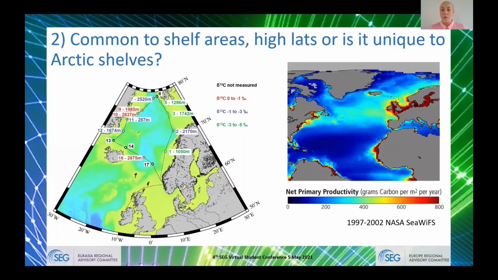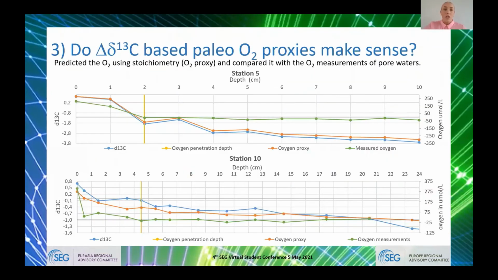From a plot from NASA, you can see that the primary production of carbon per square meter per year is actually higher in the Norwegian part of my study area compared to the Greenland coast. So then we want to investigate if delta C13 is a good proxy for oxygen.